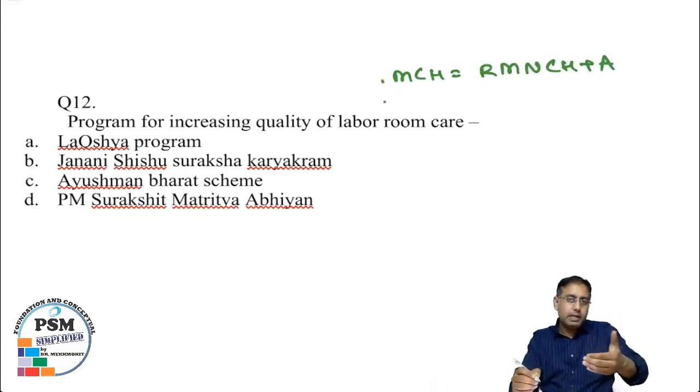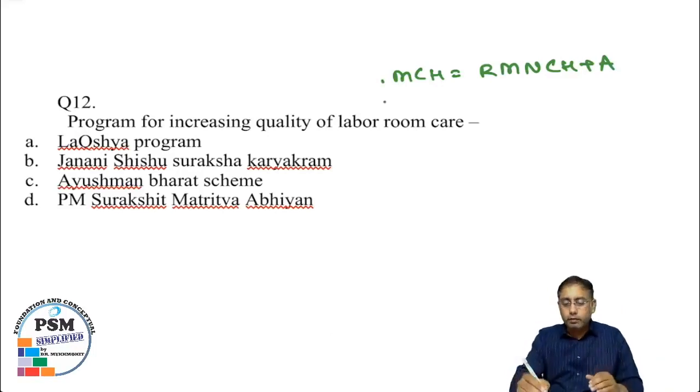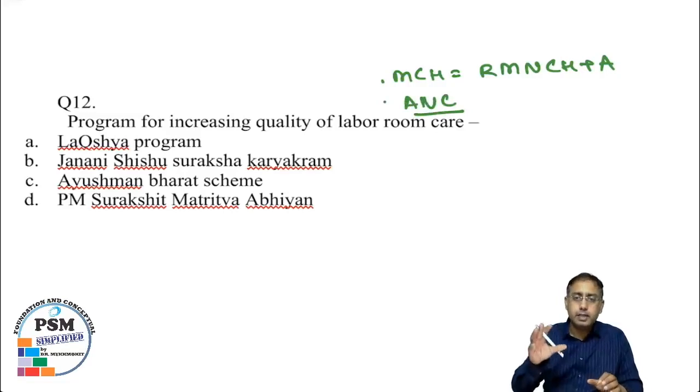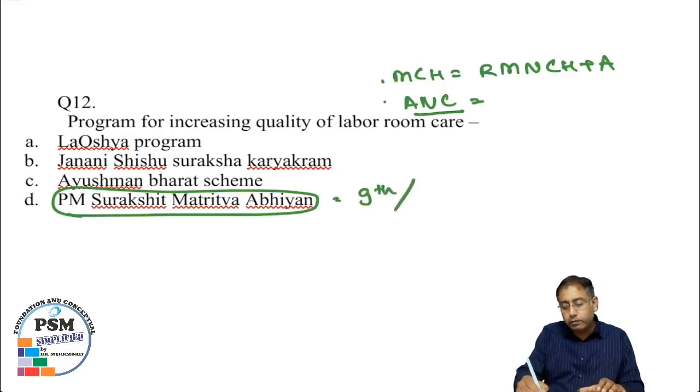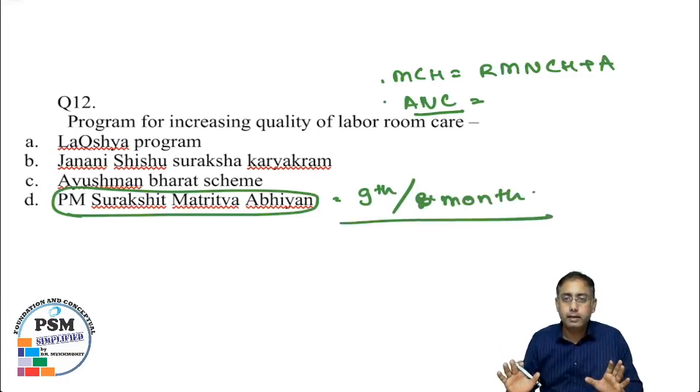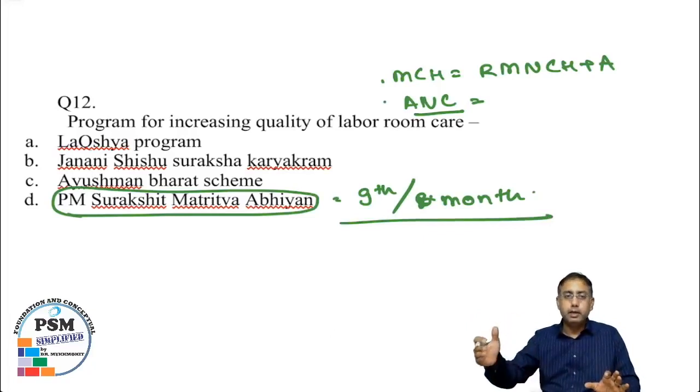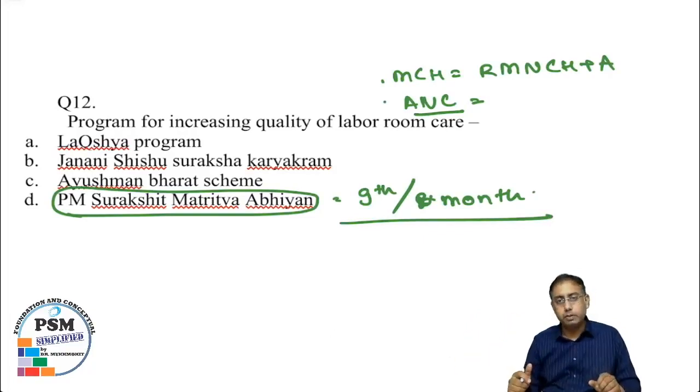Very recently, for good ANC coverage, ANC being antenatal care, we started the Pradhan Mantri Surakshit Matritva Abhiyan. On the 9th of every month, there will be free ANC checking at all the PMSMA empaneled hospitals, and the quality of ANC will be upgraded.